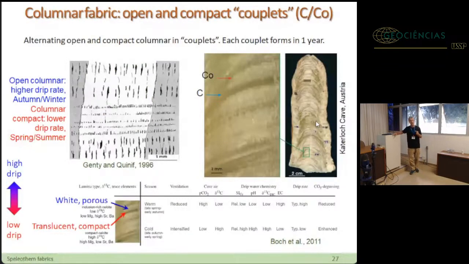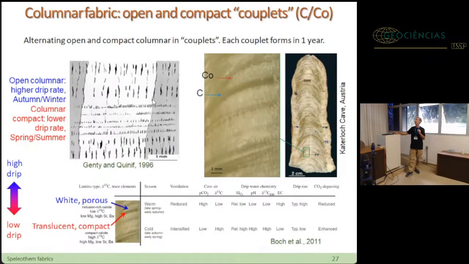But we can also have an intermediate fabric between open and compact, and these are the typical lamina couplets, first described by Genty and Quinif in 1996, in which we have one seasonal layer made of compact columnar, which is typically translucent here, with low porosity, and it corresponds to a dry drip rate and the dry season.